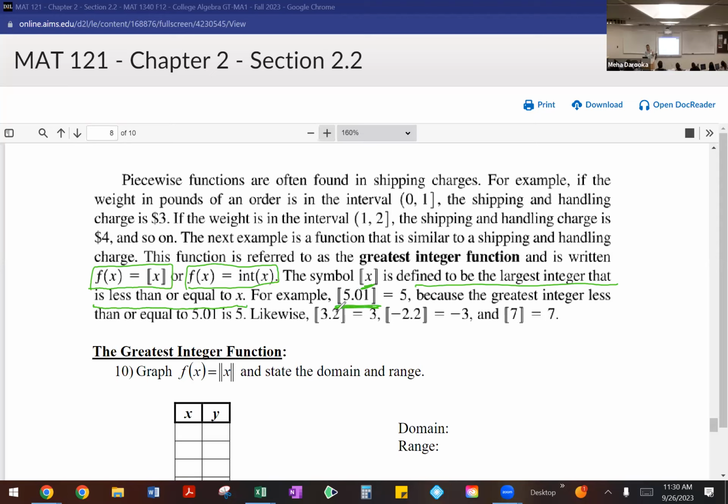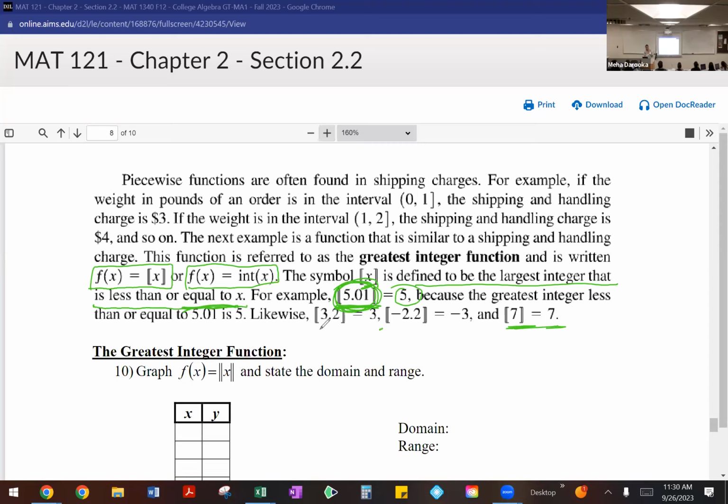We have 5.01. What is it going to equal? The largest integer which is less than or equal to that number. So the largest integer less than 5.01 is going to be 5. Now, if you have a whole number like 7, then this is where the equal to concept comes in, because 7 will be equal to 7.